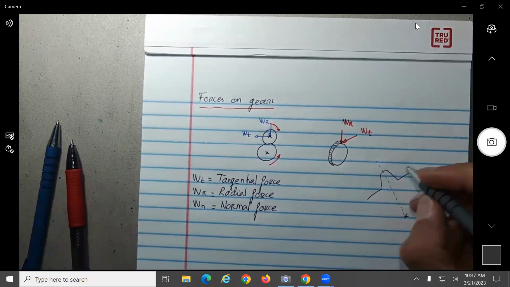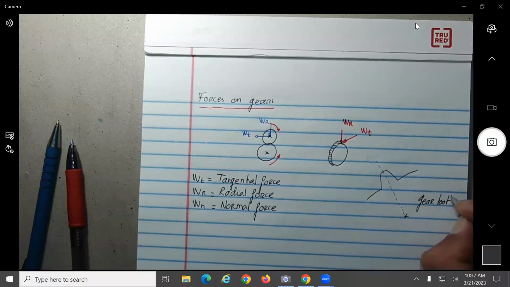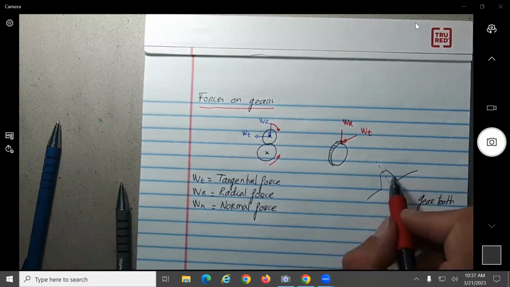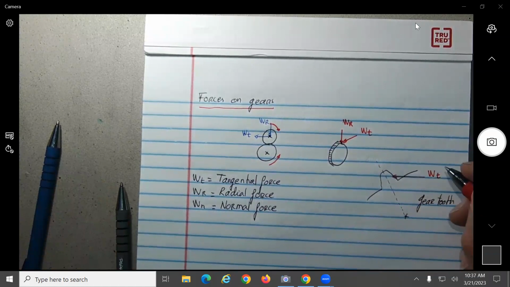So this will be the gear tooth. All right. So if we look at this one, let's say in that tooth, obviously my figure is not going to be good, but this would be the tangential.